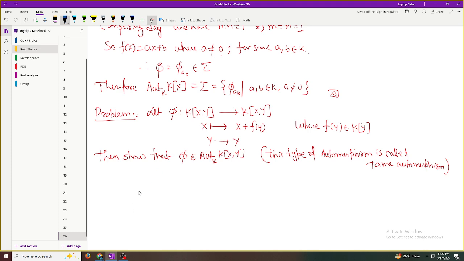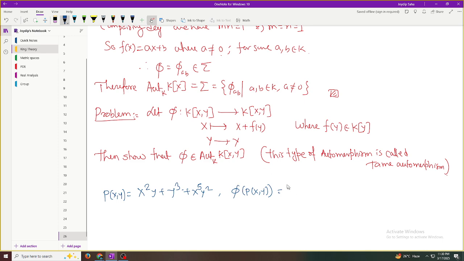Suppose you have a polynomial of this type, x squared y plus y cubed plus something plus x to the power 5 y squared, this type of p(x,y).